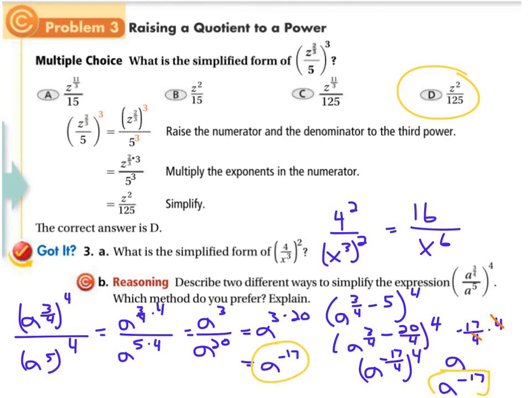Which did you find easier? I'll tell you what, for me, all of this, coming up with common denominators and subtracting and having weird negative fractional exponents and multiplying them together seems kind of complicated. Well, I like doing this first, where 3/4 times 4 results in a whole number, and this results in a whole number, and now you're just subtracting two whole numbers.